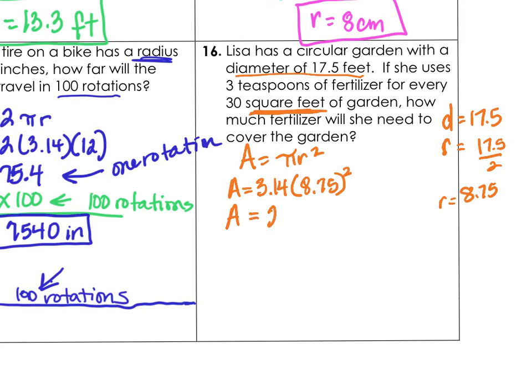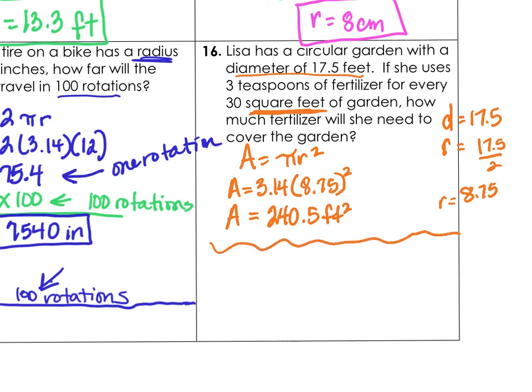Her garden is 240.5 square feet. But that's not what it asked. It didn't ask the area. It asked for how much fertilizer. So, separate our work.